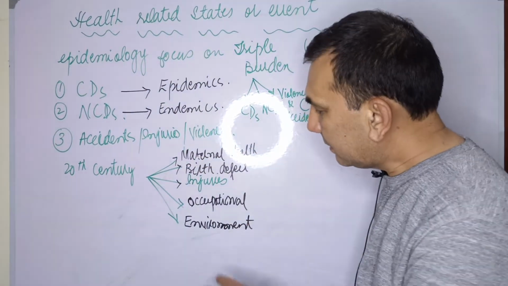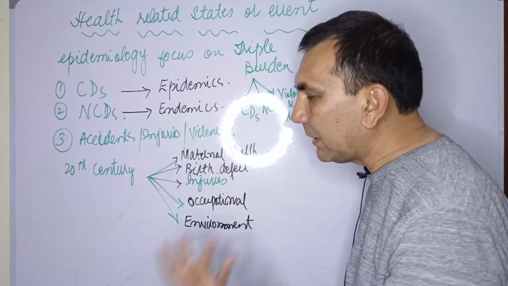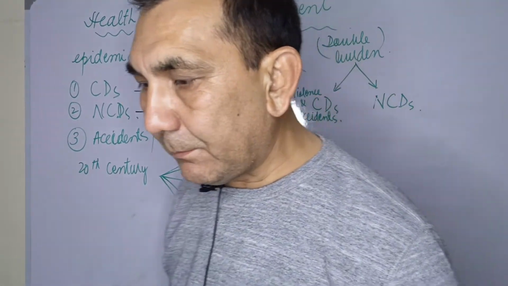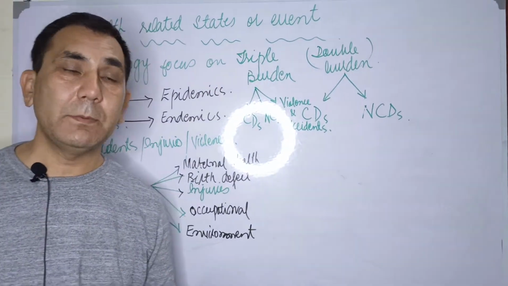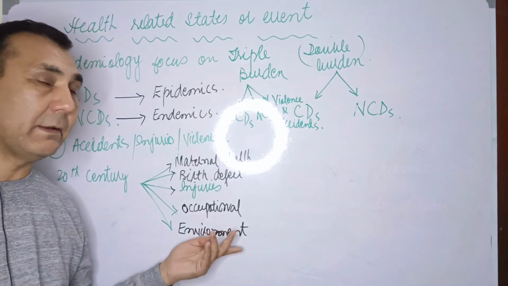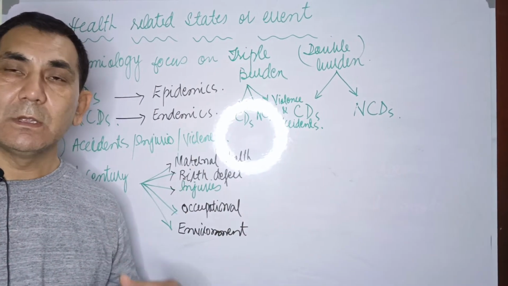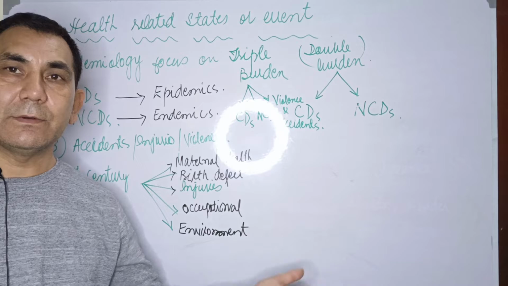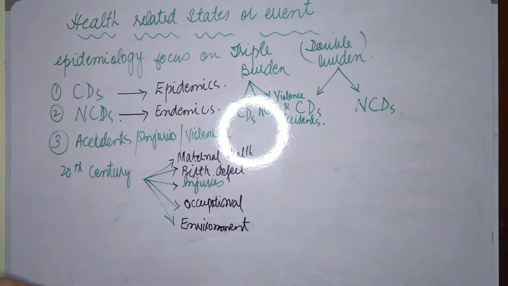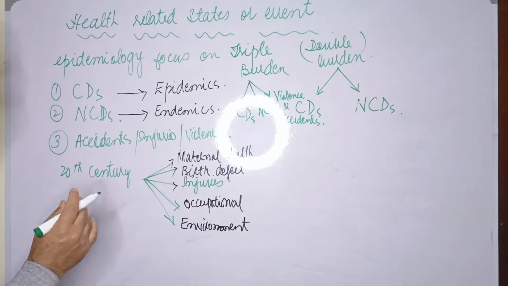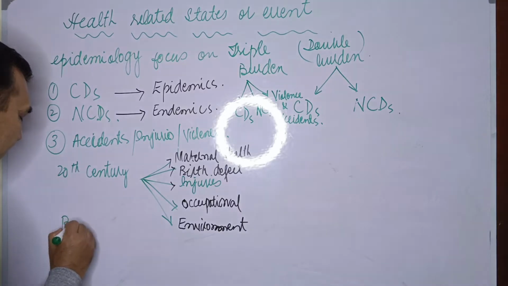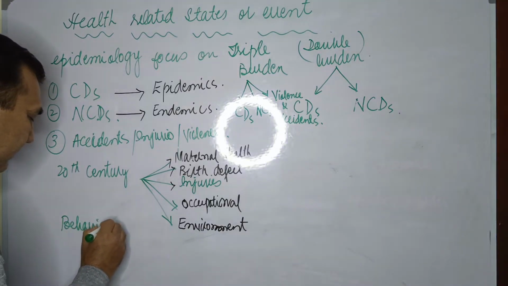In the 20th century, they were also focused on environmental hazards. Public health prepared protective and preventive measures to prevent environmental hazards and environmental health risks. After that, the epidemiologists and public health turned to behavior-related diseases.